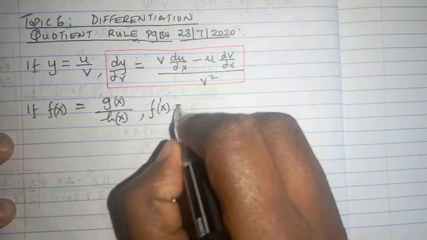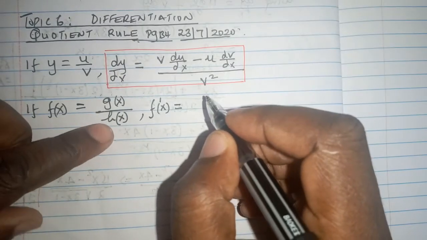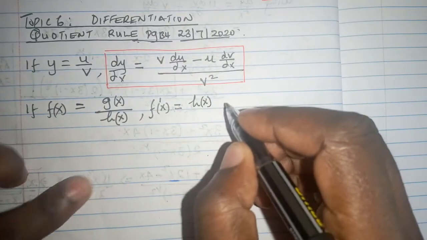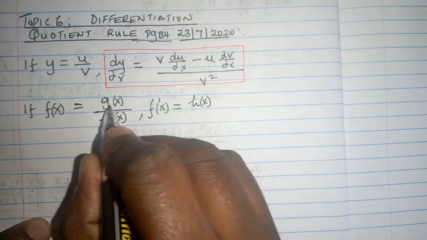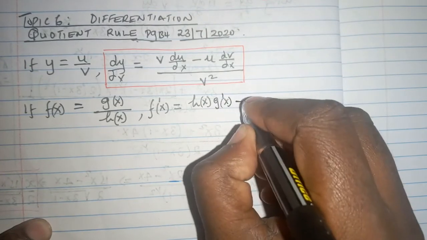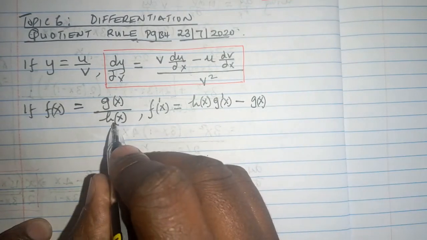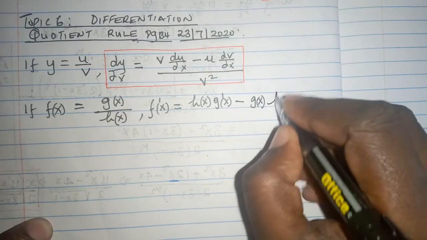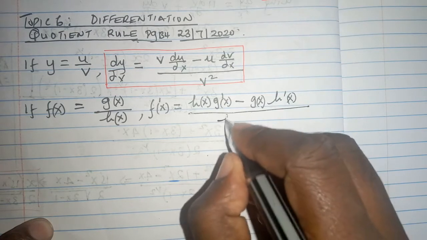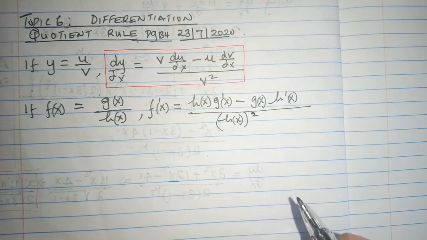then f prime of x, the derivative of the function, is given by the denominator h(x) multiplied by the derivative of the numerator, g prime of x, minus the numerator g(x) multiplied by the derivative of the denominator, h prime of x, everything over the denominator squared, or h(x) squared.